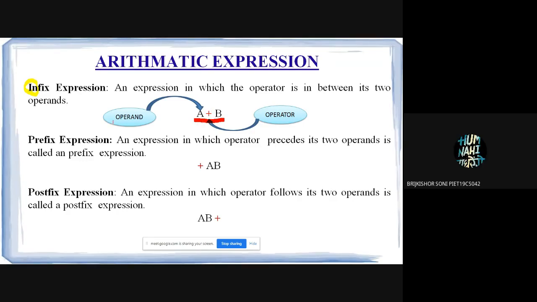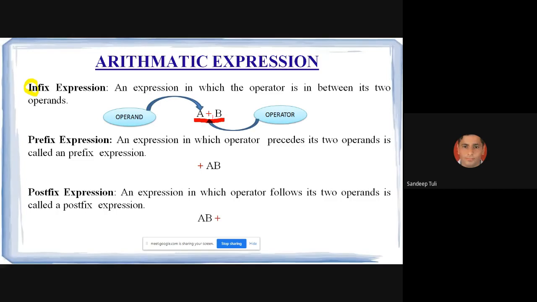That is called an infix expression. Here a and b are operands between which the operation is performed, and the one performing the operation is the operator; here the arithmetic operator is plus. So this is called an infix expression, an expression in which the operator is in between its two operands.